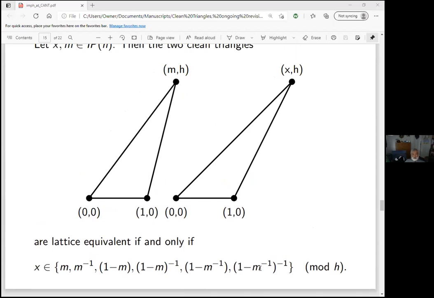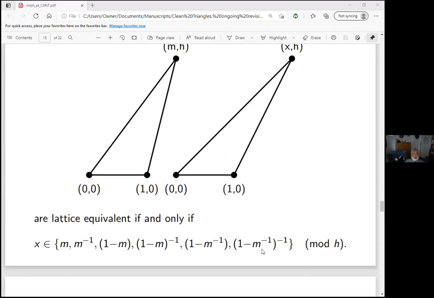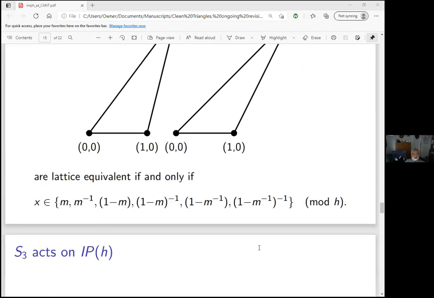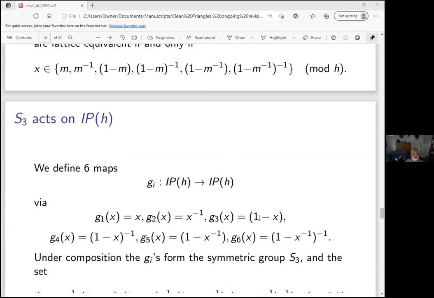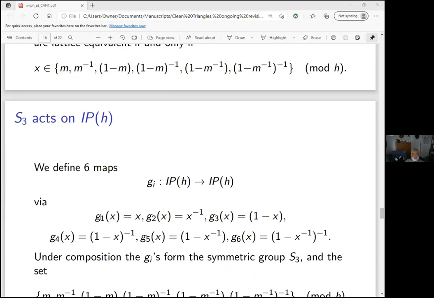And so once you look at this set, what you realize is that you've got a group action on IP of H. So basically, we have S3 acting on IP of H. You define these 6 maps based on these elements.